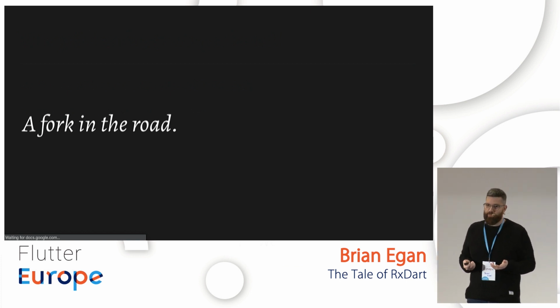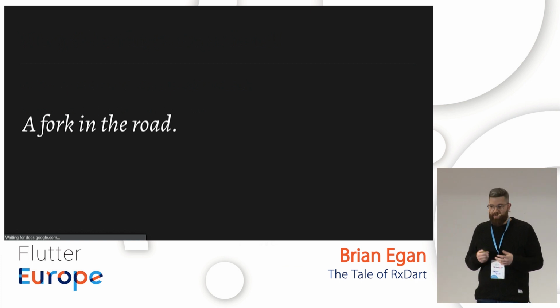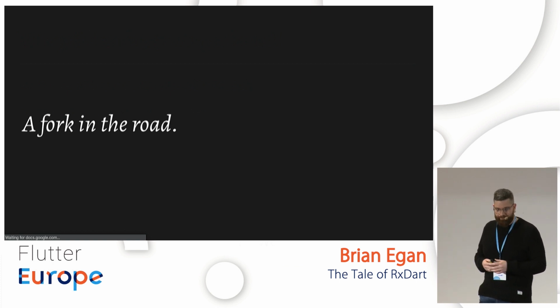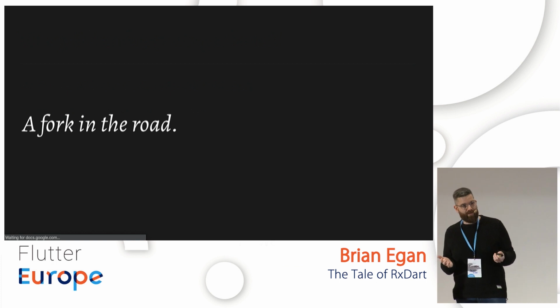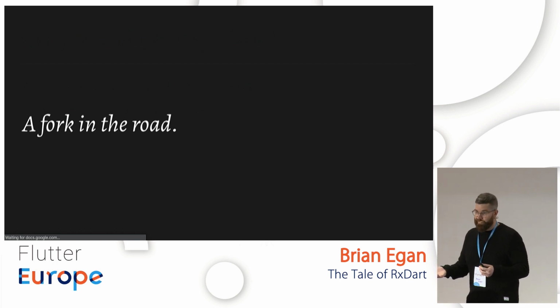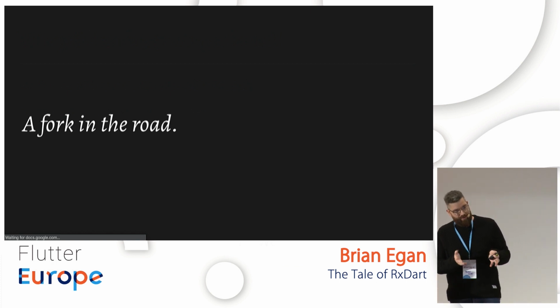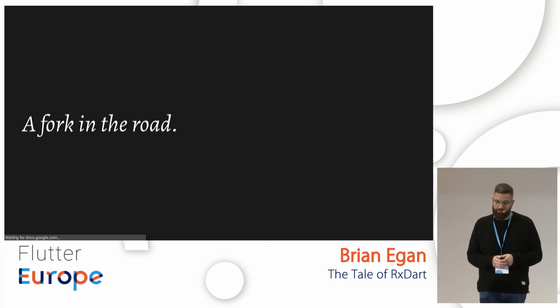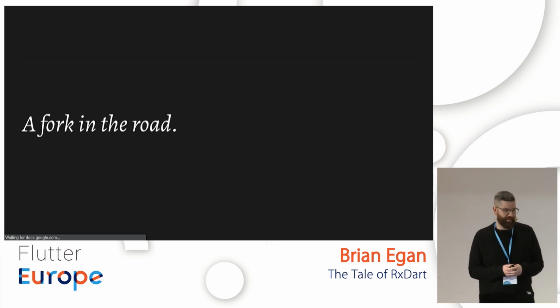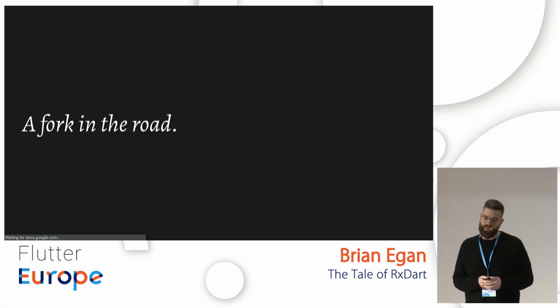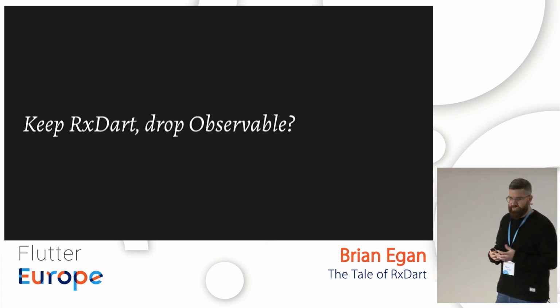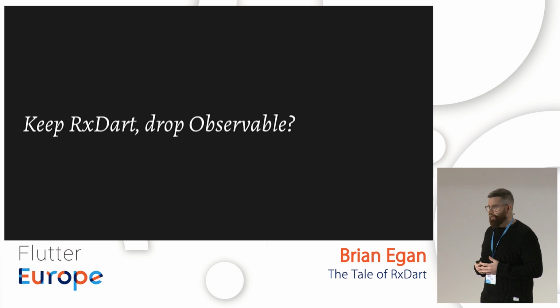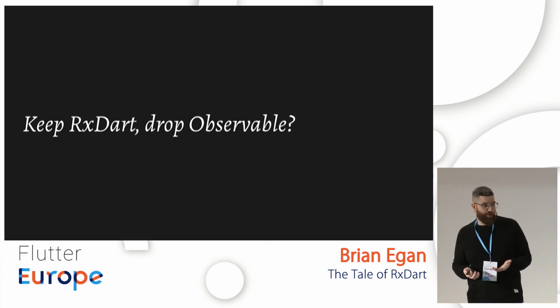But that still left us in an odd place where we had this thing called observable, and people expected it to work like an observable. That means that when there was an error, the stream would automatically be terminated, which streams can do, but it's not the default. And a few other details that are really important. So what we ended up deciding to do is keep the name RxDart, but we wanted to see if we could maybe drop the observable.